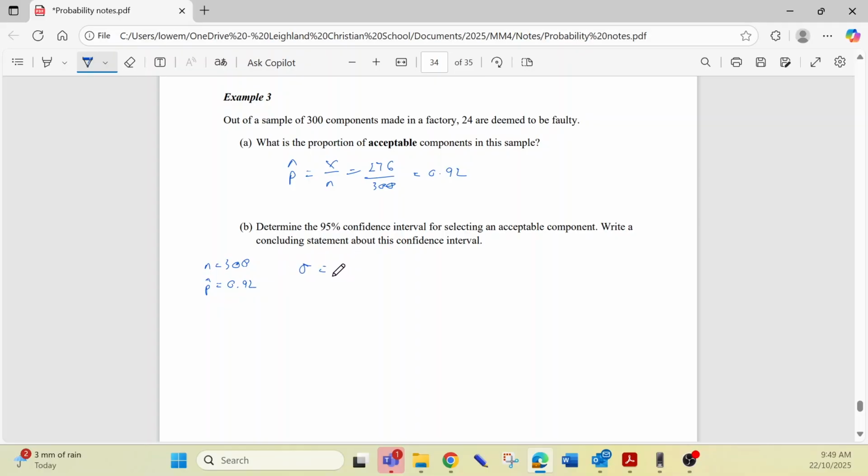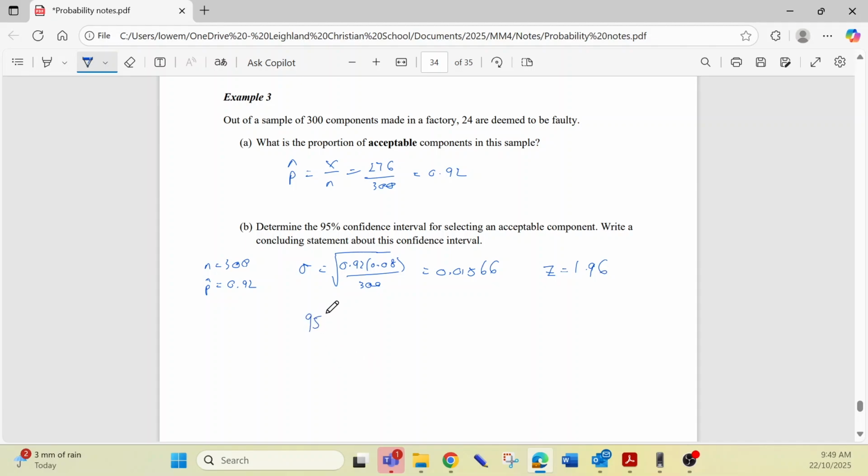Sigma is going to be the square root of 0.92 times 0.08 divided by 300. That gives us 0.01566. It's a 95% confidence interval, so Z equals 1.96.